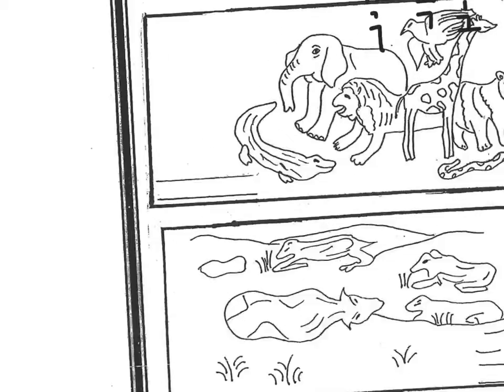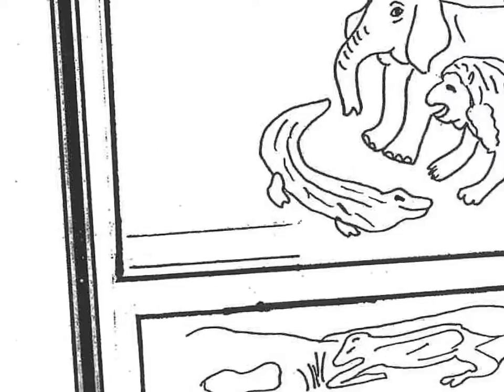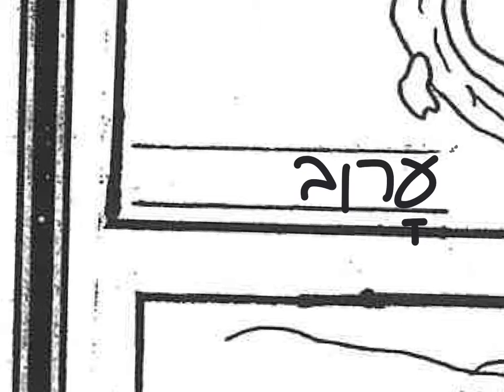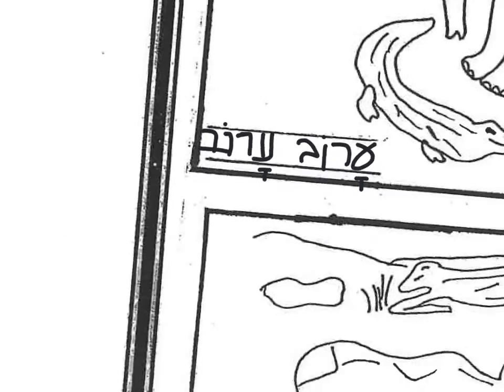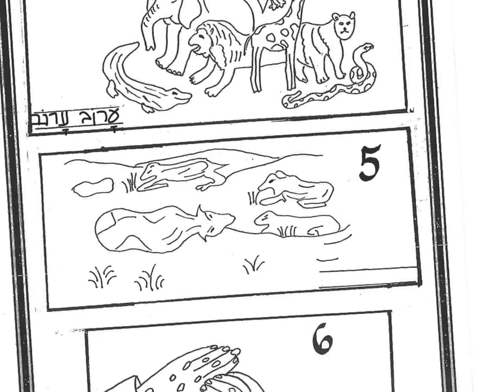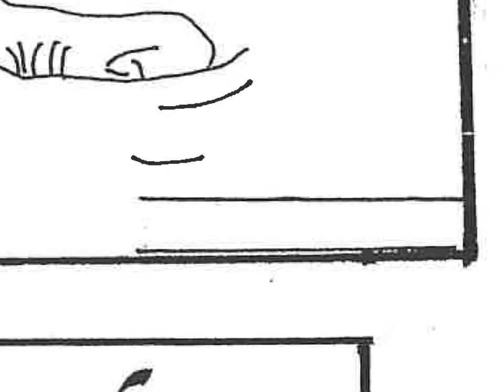And over here, where we're doing the arov, you're gonna write either in script like this, arov, right? Or you can write in regular words, arov. Okay, and then by the number 5, you're gonna write dever, animal disease, right? Dever.